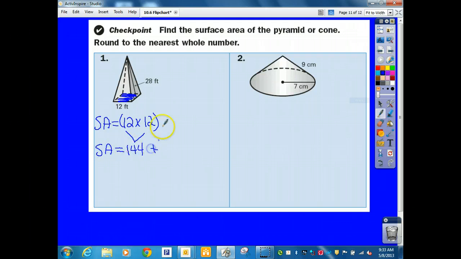We have to add that to the body of the pyramid. And what formula do I need to use there? I need to take 1/2 times the perimeter. So do you want to take 12 plus 12 plus 12 plus 12, or do you want to go 4 times 12? I agree. Plus 4 times 12.